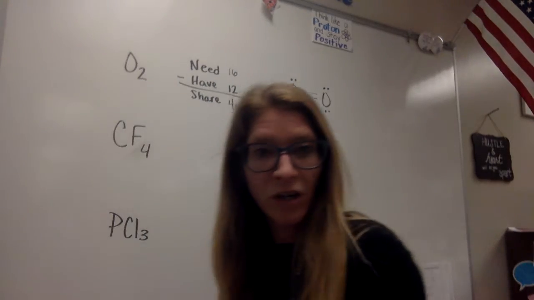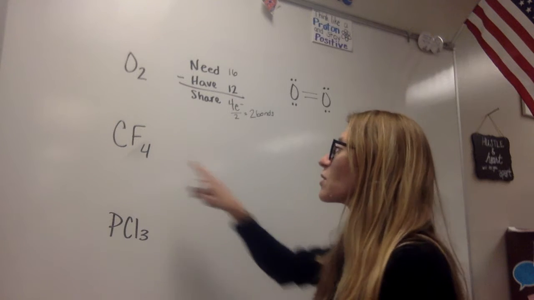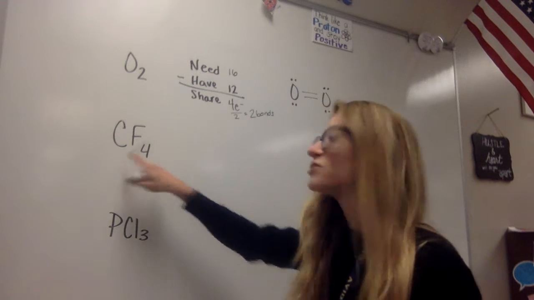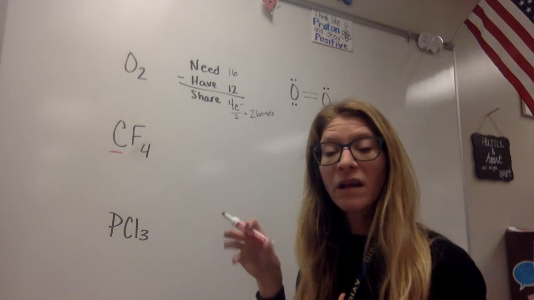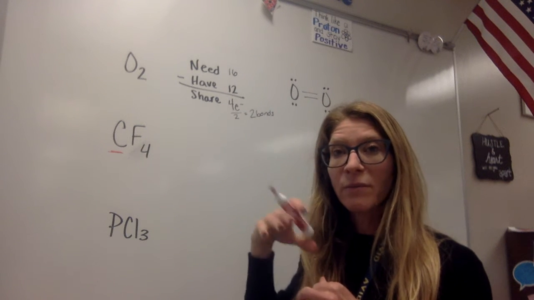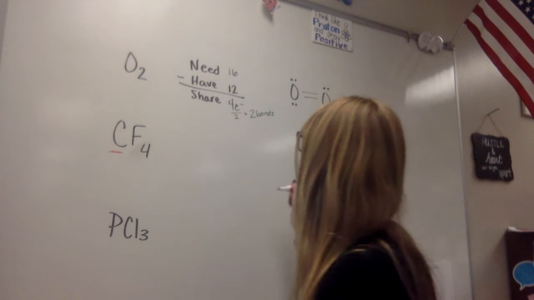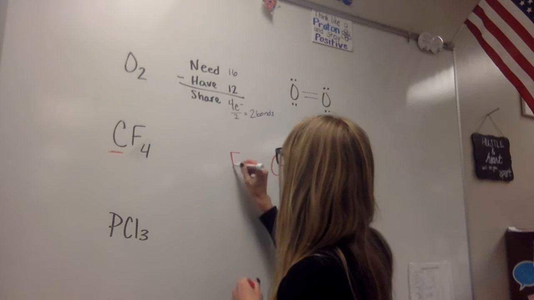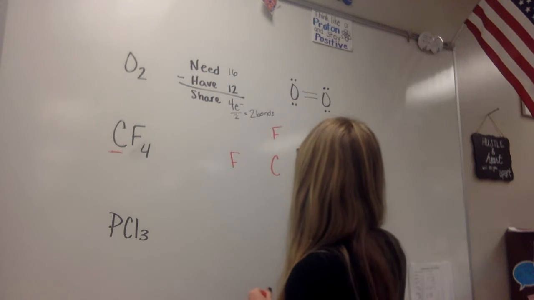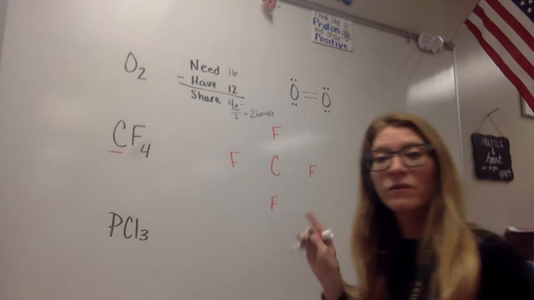All right, the next one, CF4. I'm going to change marker colors here. First, we have to find the central atom. If carbon is in the atom, carbon will be in the middle because it wants to bond and share 4 more electrons. And then these 4 fluorine are going to be positioned all around the carbon.